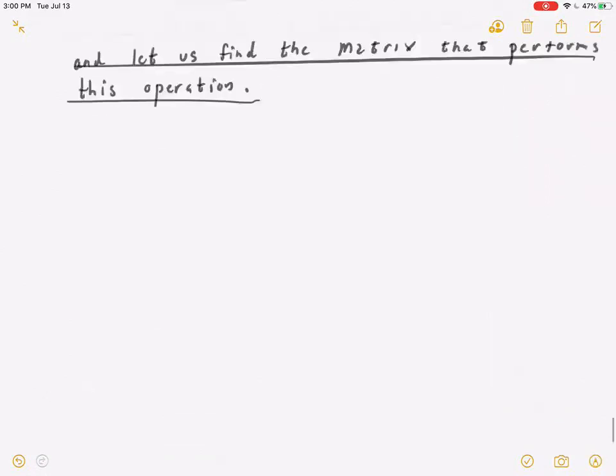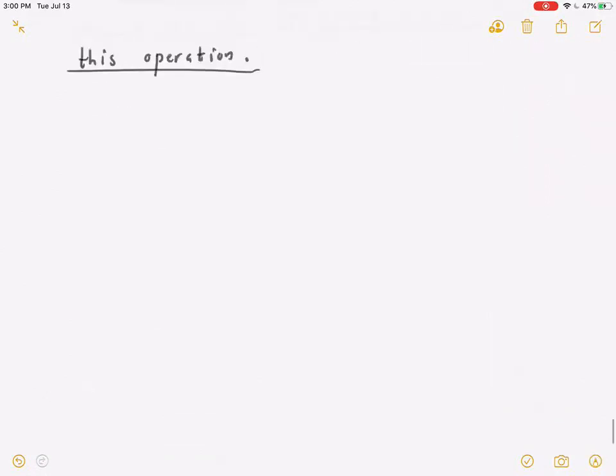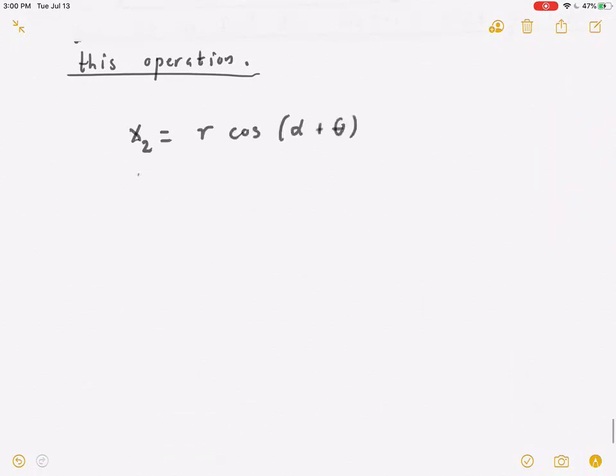I can write x sub 2 as R cosine of alpha plus theta, and y sub 2 is R sine of alpha plus theta.